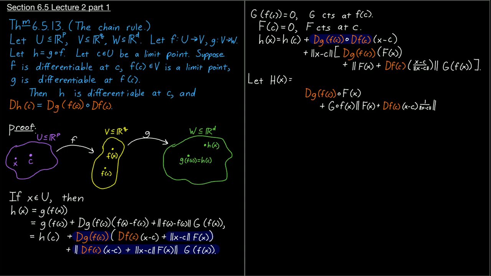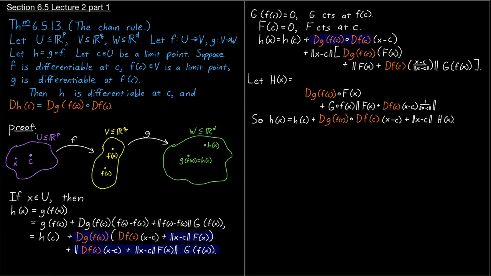And now we've got that h of x is h of c plus a linear operator, a composition of two linear operators, which we have seen is linear. And then the norm of x minus c times big H of x.